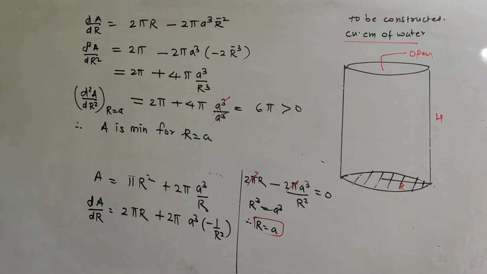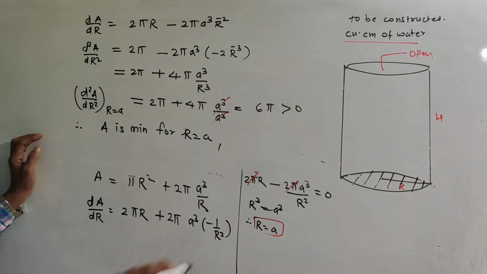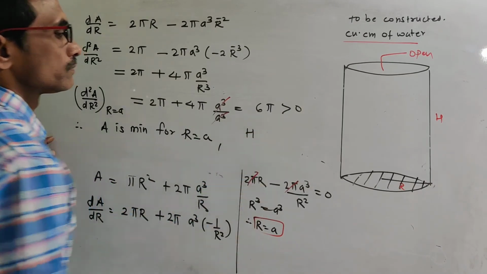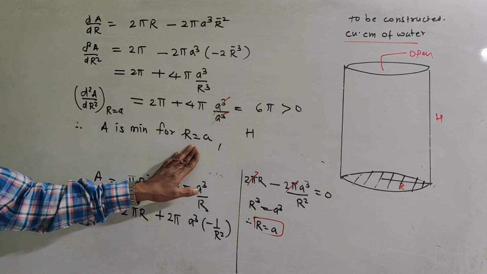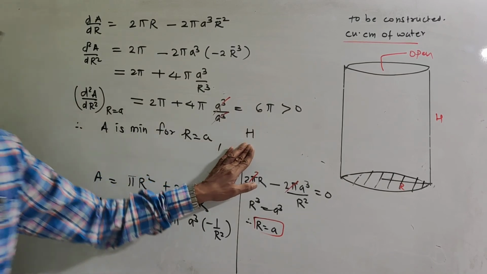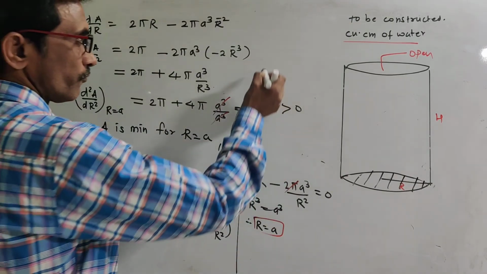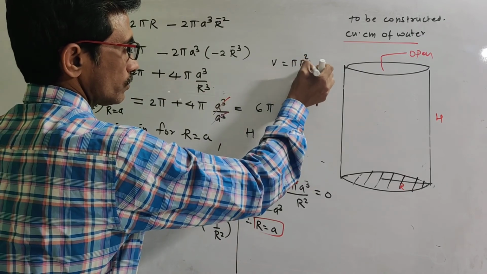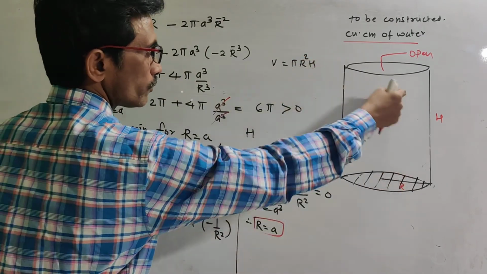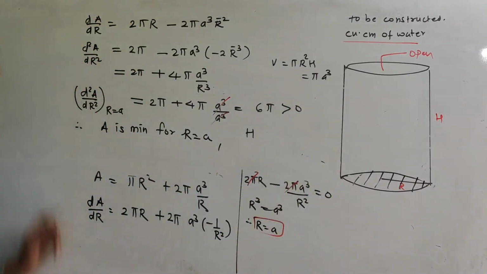Now what is the relation between r and h? We are getting r, now we find h. We have the relation volume is equal to pi r square into h, and that is equal to pi a cube, which is given.